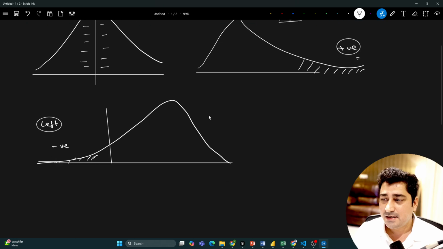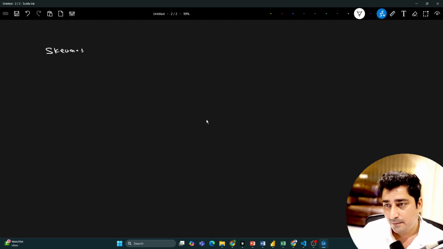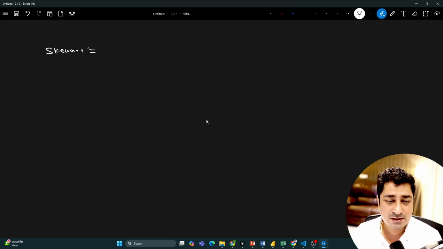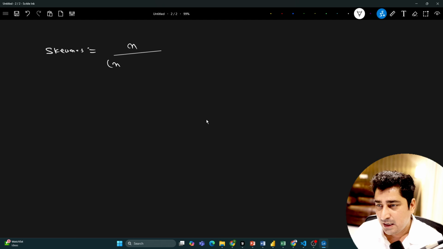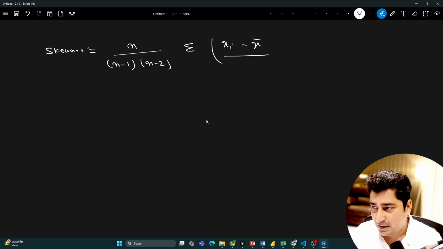There is a formula to find out this skewness. It says: total number of data divided by total number of data minus 1, total number of data minus 2, into the summation of xi minus its mean, divided by the standard deviation cubed.